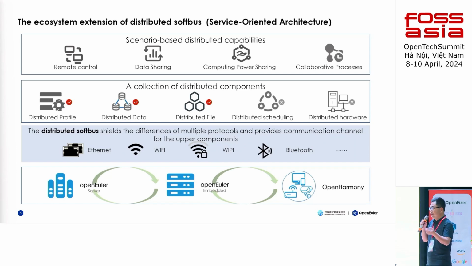Based on this layer, we develop some scenario-based distributed services and mechanisms, such as remote control and data sharing. So the end user can use the distributed capability at the uppermost layer to develop their own application. It's very convenient.